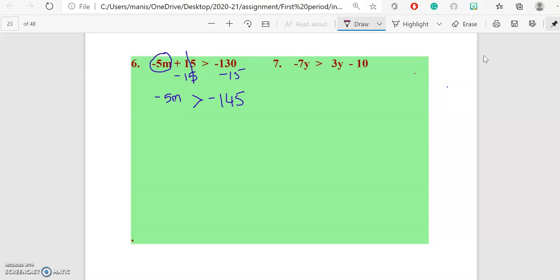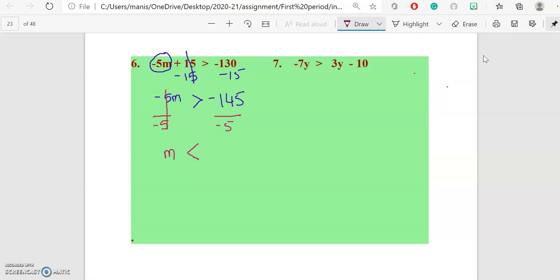So after this, let's keep going. It says negative 5 times m. Can you hear I'm using the word times? Negative 5 times m means I have to divide by what? Negative 5. And I have to do the same thing, divided by negative 5. Look, since I use the word divided by negative 5, I have to change the direction of this inequality symbol. So this will be m, but this will be cancelled out.